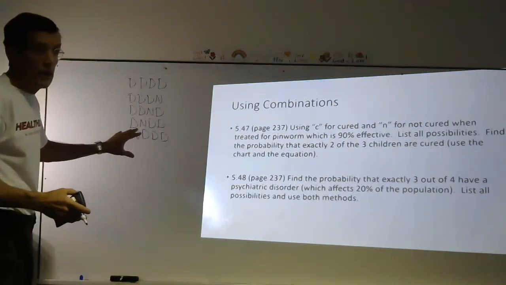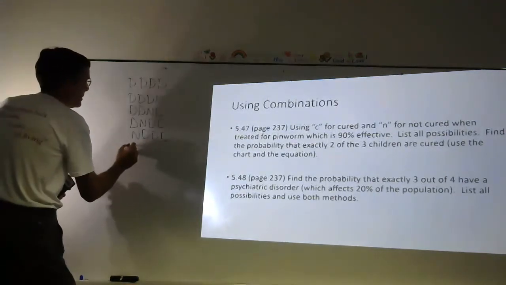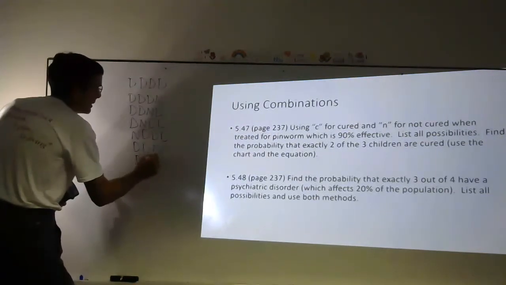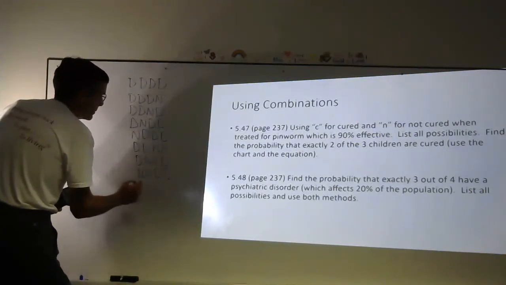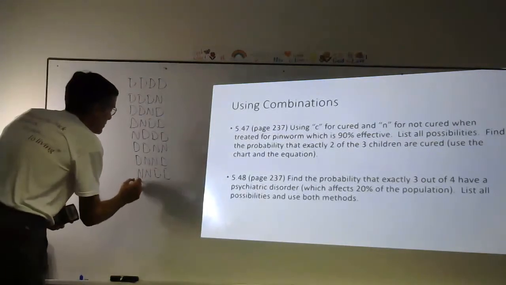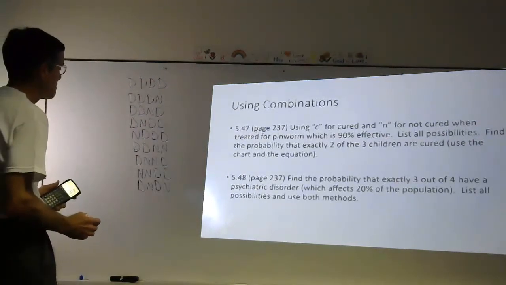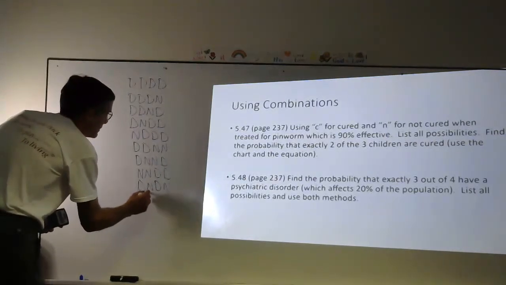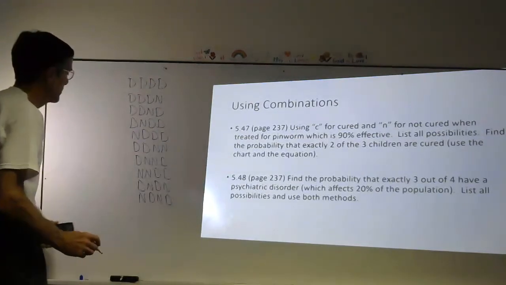I could now do, how about 2 people have it and 2 people don't? So this is going to be D like this, or I could do D, D, or I could do N, D, or I could do, what am I missing? I could do D, N, right? I could do N, D, 1, 2, 3, 4, 5. I'm missing one.